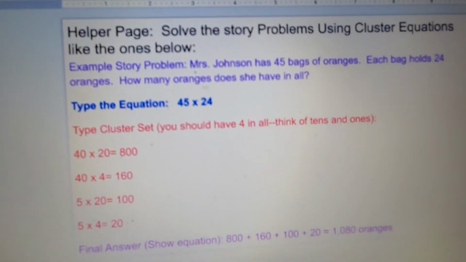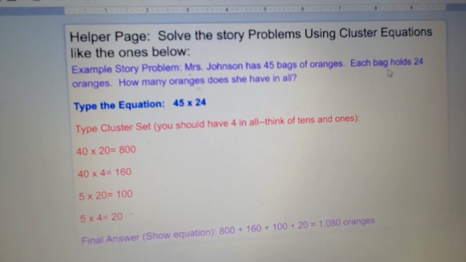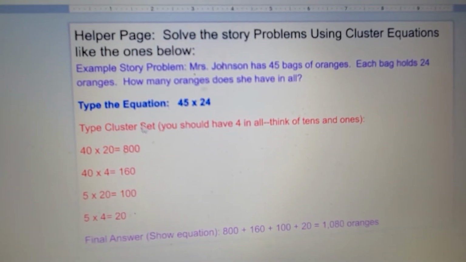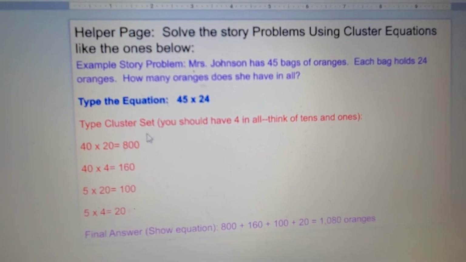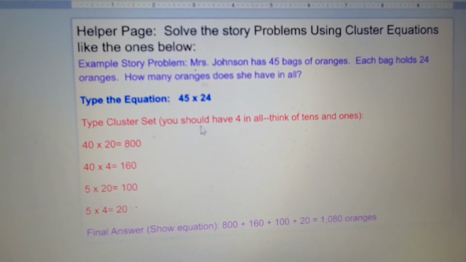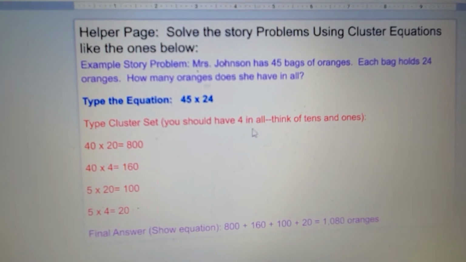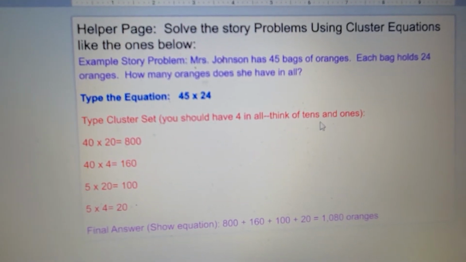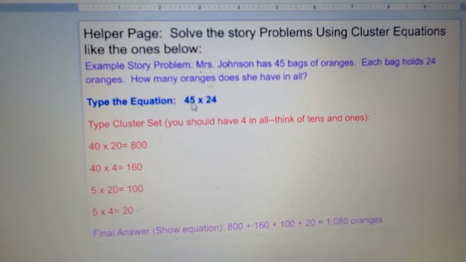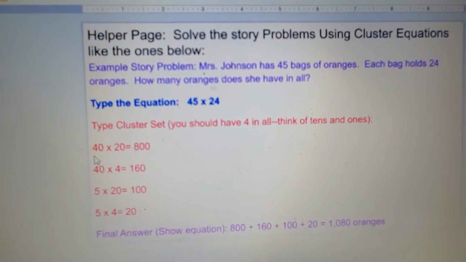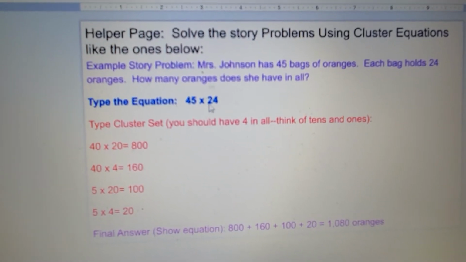So you would have to type the equation. Well, it's 45 times 24. And then the cluster set you would type, and remember I give you a helper. You should have 4 in all. Think of tens and ones. So 45 I can split into 40, and I can multiply that by 20.